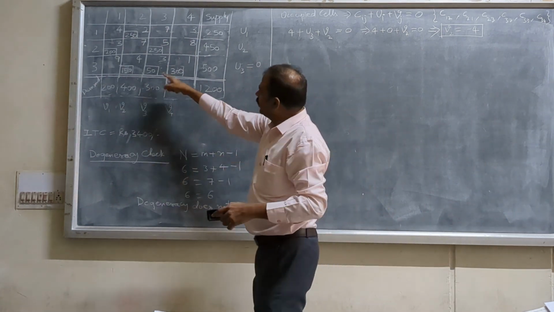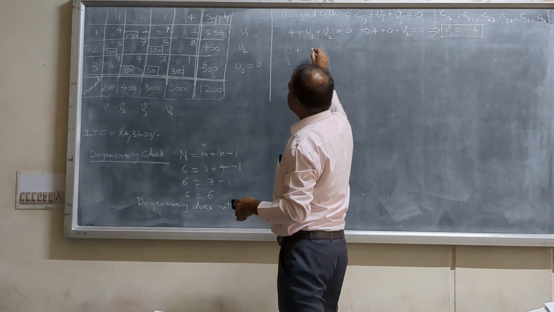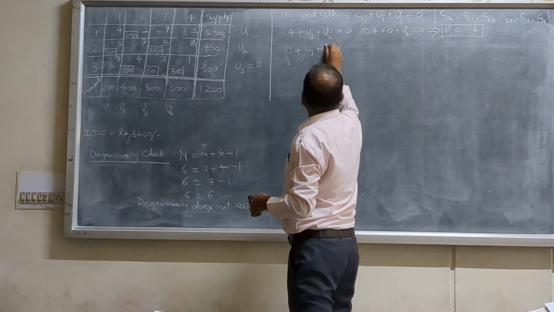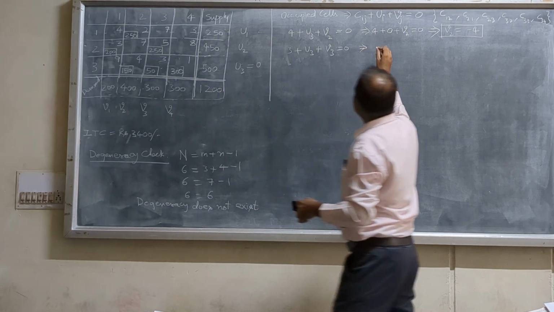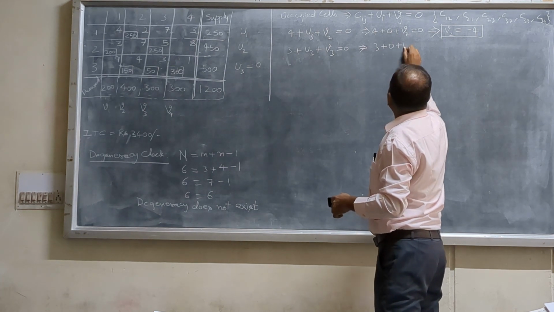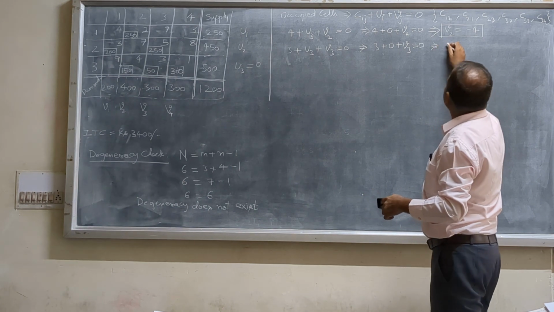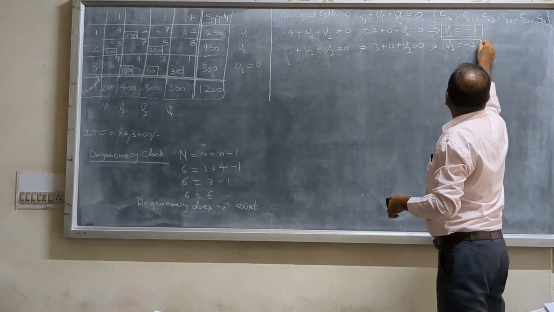Next we take this cell. The cost of that cell is 3. 3 plus U3 plus V3 is equal to 0. This implies 3 plus 0 plus V3 is equal to 0, so V3 is equal to minus 3.